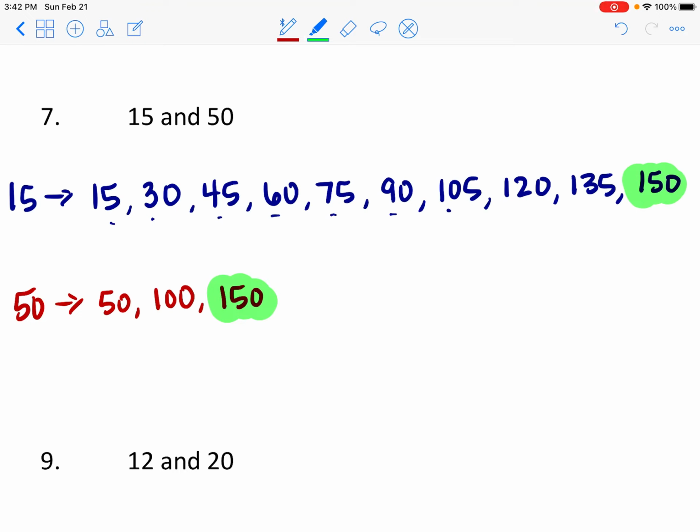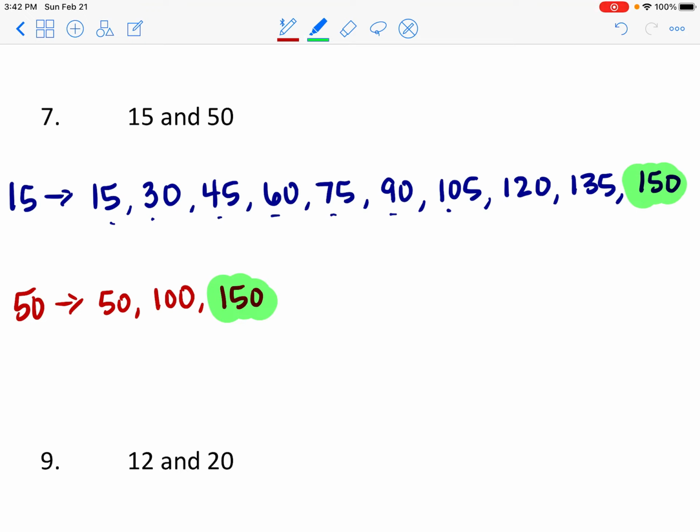Now once you have your prime factorizations, to find your least common multiple, you're going to look for any factors in those prime factorization lists and the highest exponents you see with them. So both lists have factors of 2's, but the highest amount of 2's I see is 2 cubed. So 2 cubed is going to be part of my LCM.